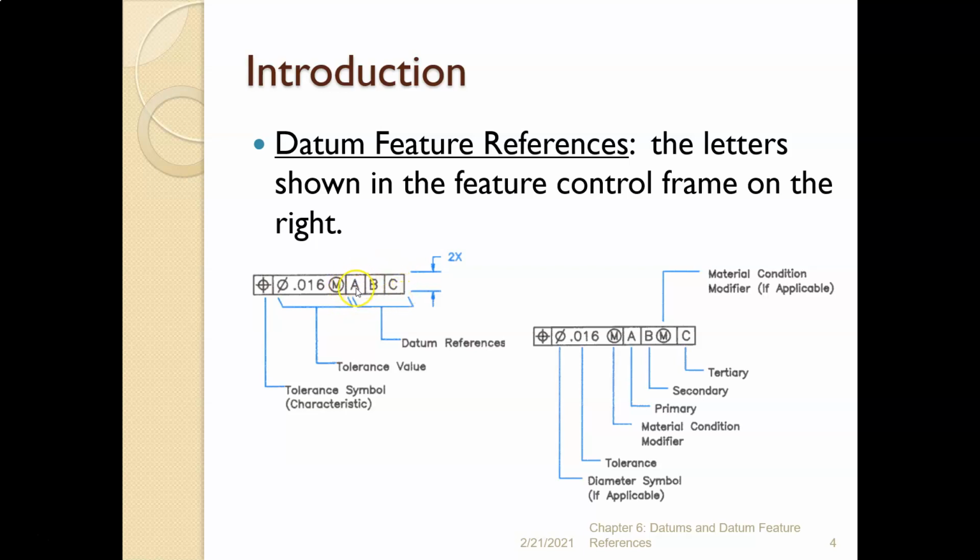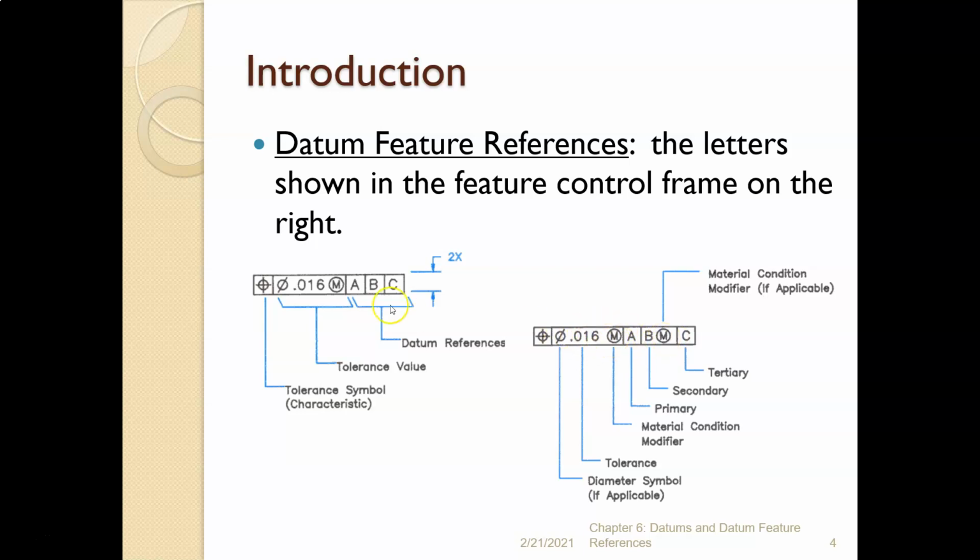This could be X, M, and A. The first datum here is always the primary, second is the secondary, third is the tertiary. Now, we're allowed to have material condition modifiers in with our datums, and we'll talk about that, but it's the same as our material condition modifiers with our tolerance.